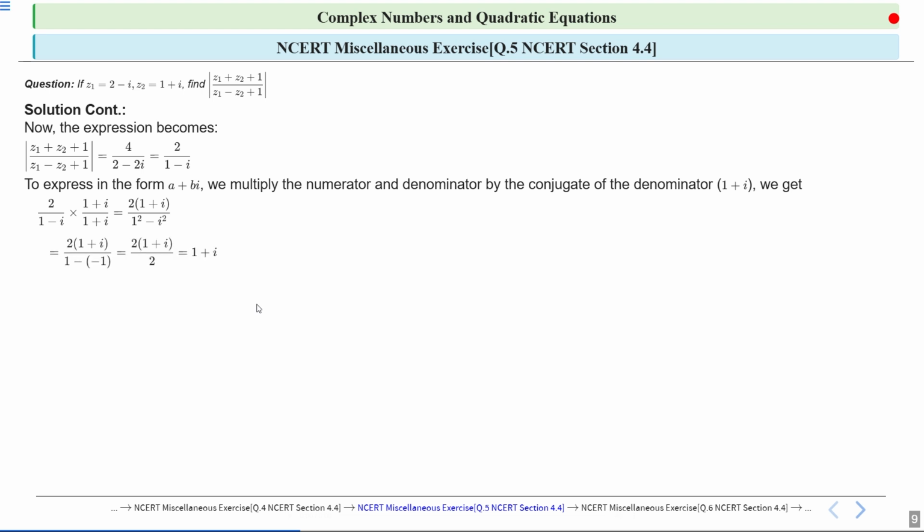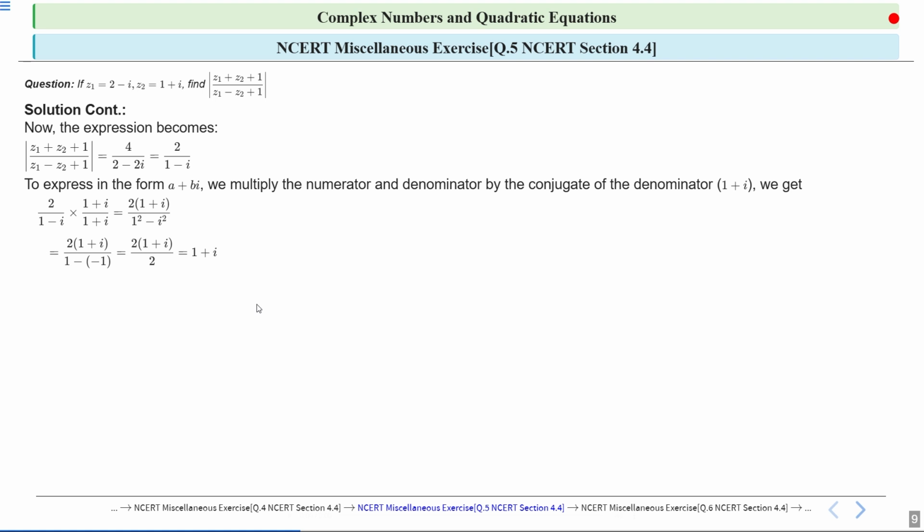Now let's expand the denominator: (1 - i)(1 + i) equals 1 squared - i squared, which is 1 - (-1), that is simply 2. So our expression becomes 2 times (1 + i) divided by 2, which is 1 + i.